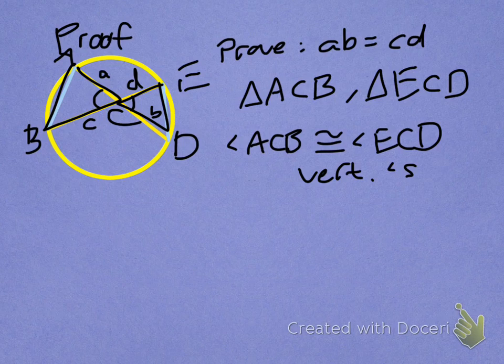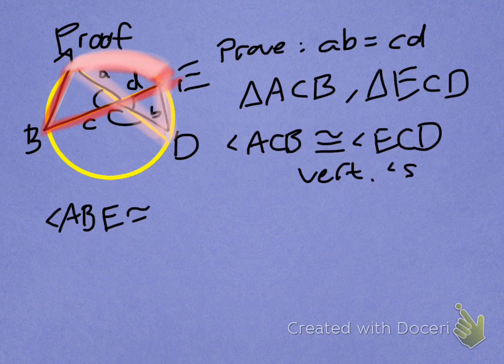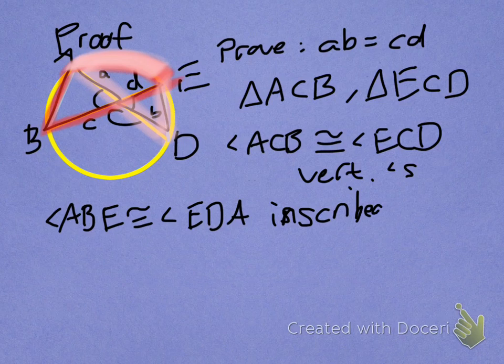We know that angle ABE forms this arc AE, and angle EDA also forms the same arc AE, so we can say that angle ABE is congruent to angle EDA, and that's because they are inscribed angles.